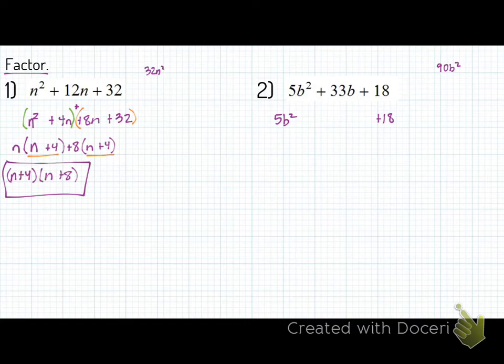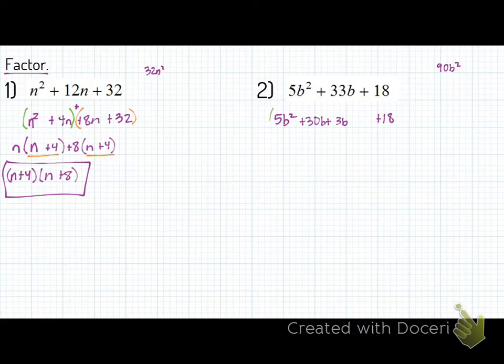That one's pretty easy. 30 times 3 is what? 90, right? So can't I use positive 30 and positive 3? Yes? And I want to make sure it has b's there. So 30b plus 3b is 33b, and 30b times 3b is going to be 90b squared.